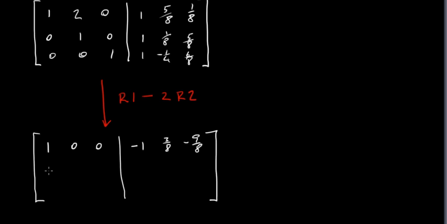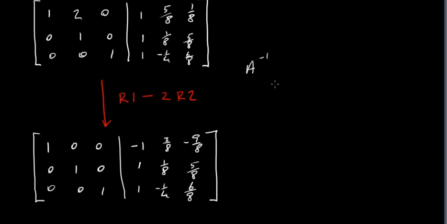Okay, here I'll end up with 0, 1, 0, 1, 1/8 and 5/8. Here I'll have 0, 0, 1 and 1 minus a quarter and 6/8 here. Okay, finally we got there. So the inverse, if we call our original matrix A, this one here would be A inverse.